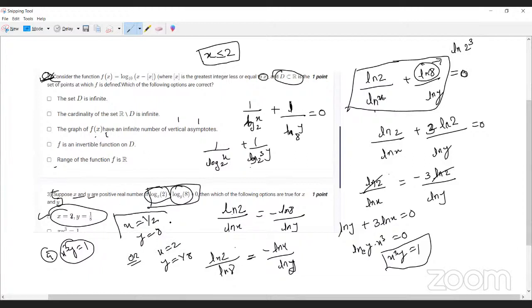This will also satisfy this condition. It is not that we are equating x equals 2 and y equals 8. If you want to equate, we have to multiply by some number on both sides.